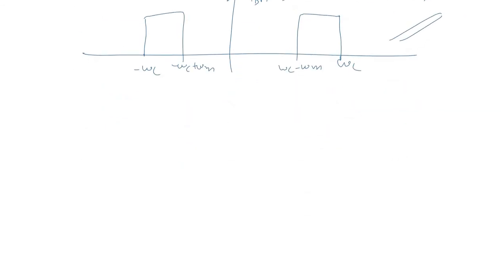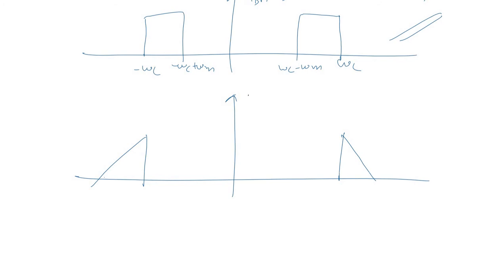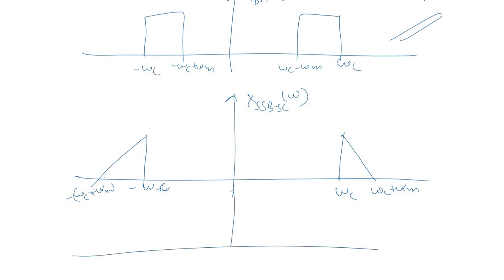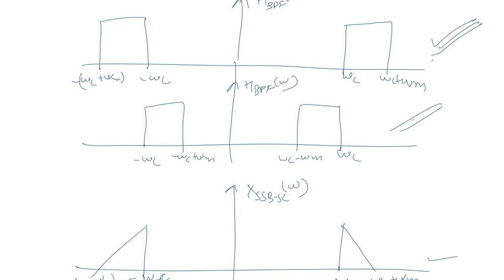So the resultant would be either this, which is nothing but your SSB-SC type of signal, the spectrum of which is this, or it would be the SSB-SC with lower sideband, any of these two, depending on the type of passband we are using.